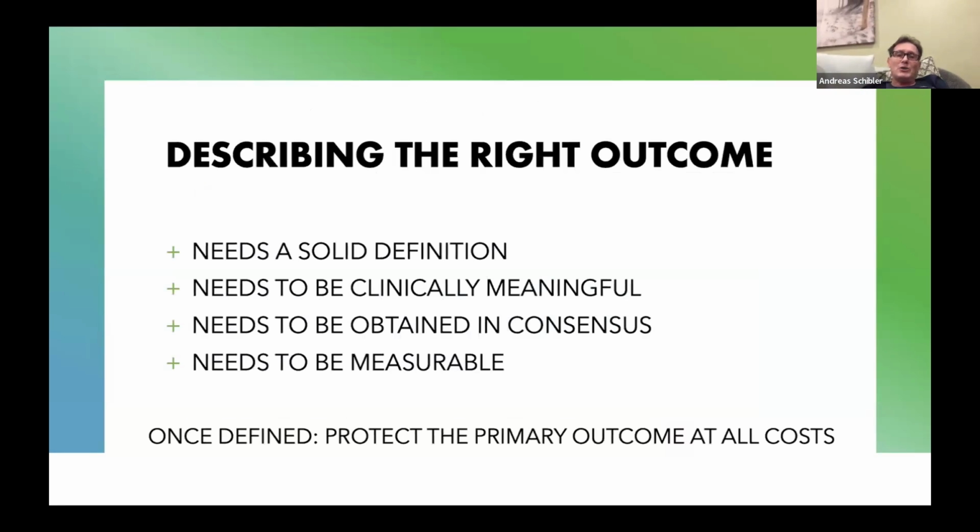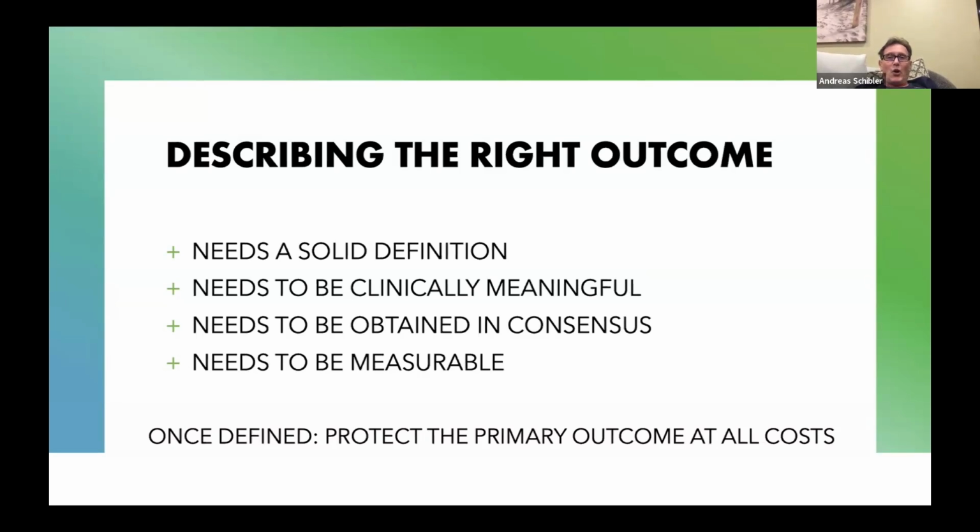Now, most important is your description of the outcome. And I can't emphasize how important it is. The outcome needs to have a solid definition. It needs to be black and white. It's yes and no. Or if you have a non-binary definition, it needs to have a cutoff that you say, yes, above is positive or below is negative.